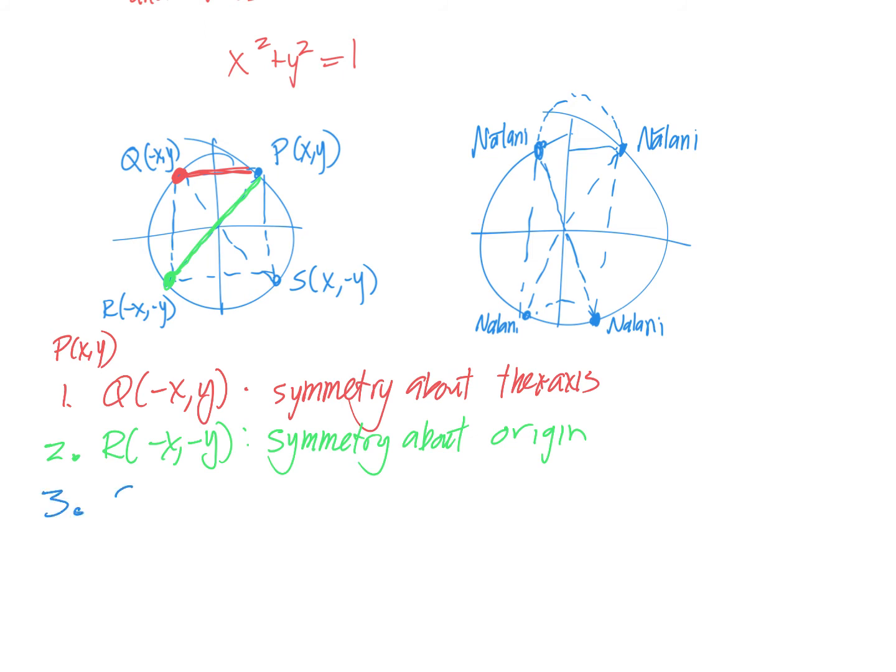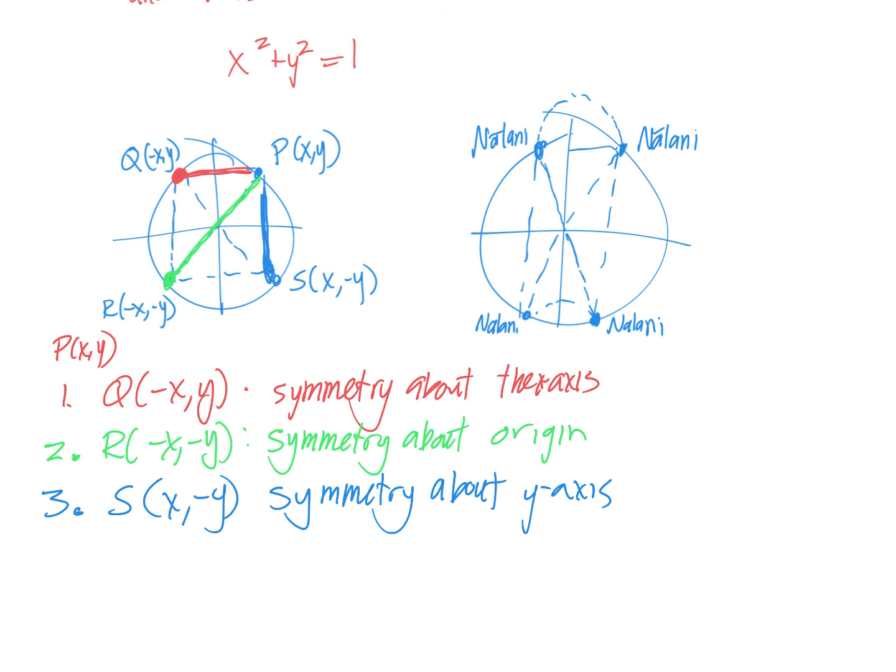The third one would be S of x, negative y, and this is symmetry about the y-axis because it's reflected over the y-axis.